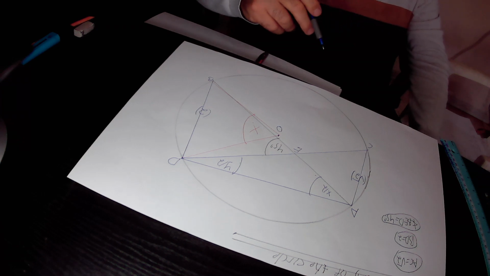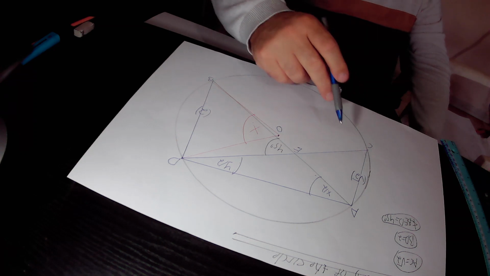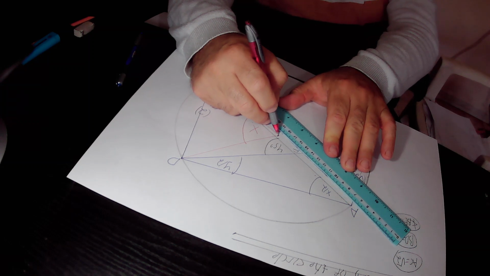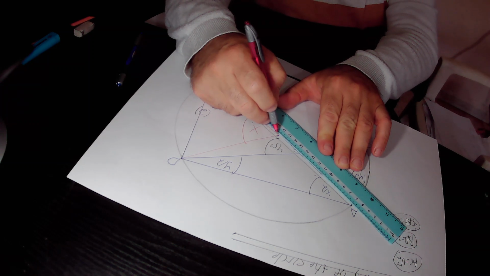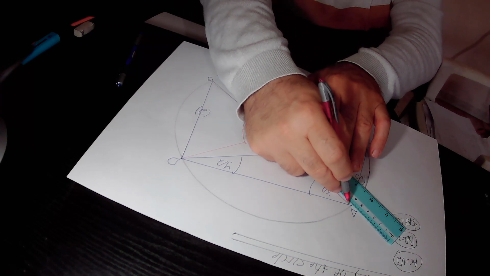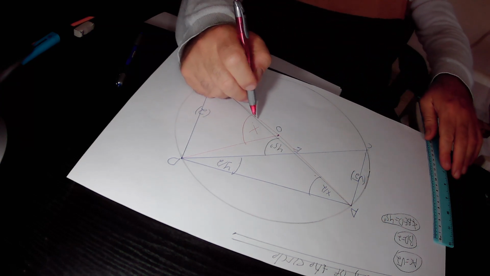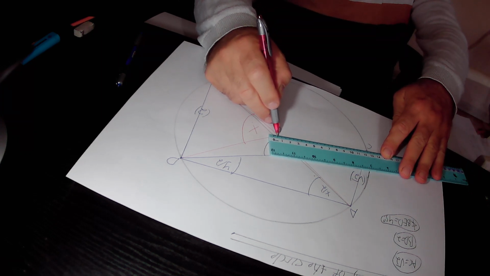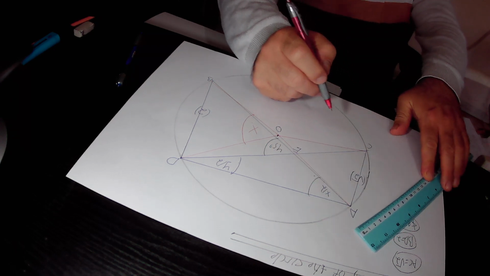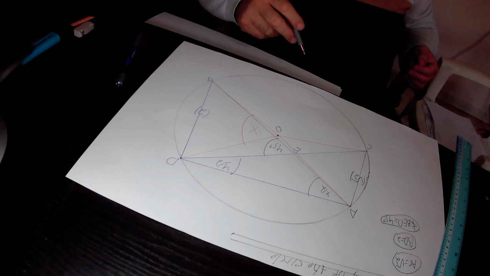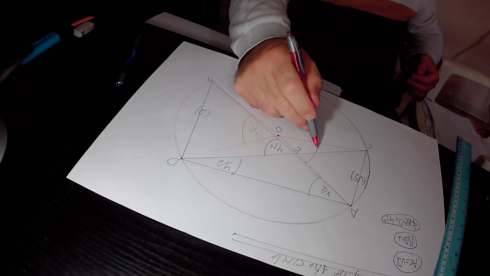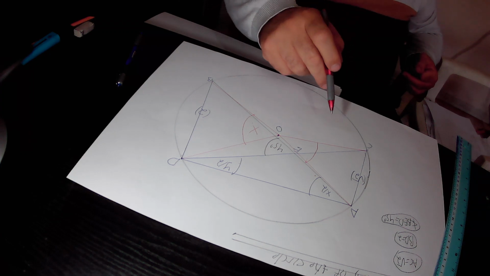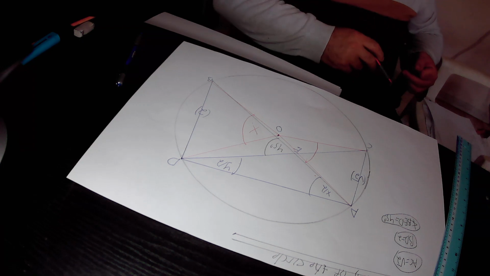In the next step, we join points O and A together by a straight line. Likewise, we join points O and C together by a straight line. When doing this construction, we consider center angle AOC, which is created with those two constructions.